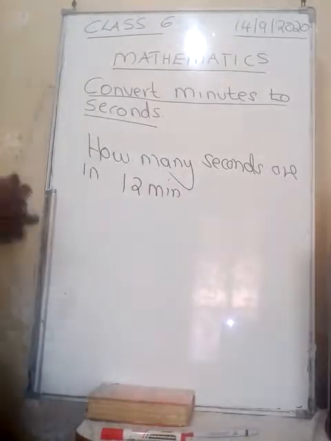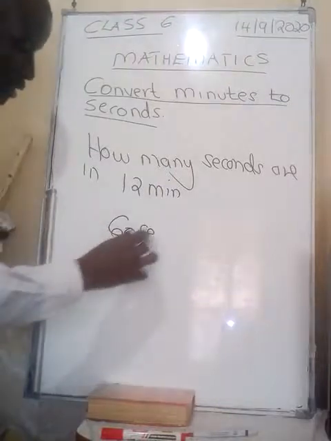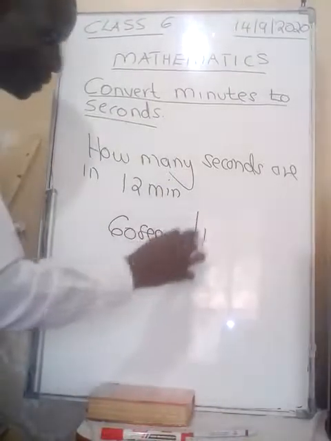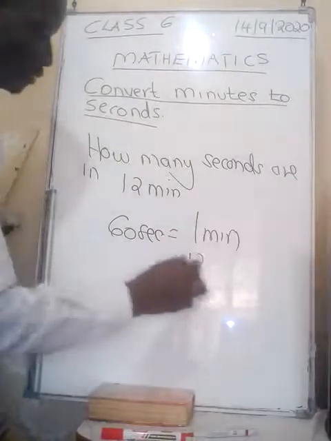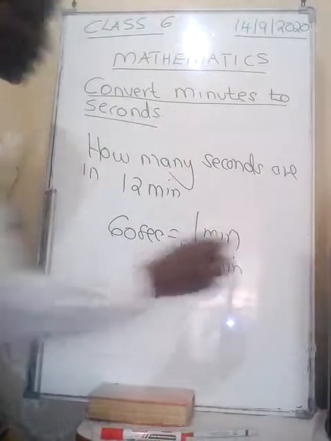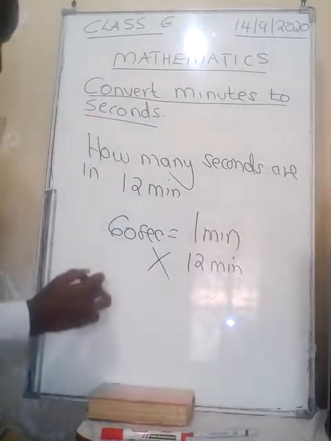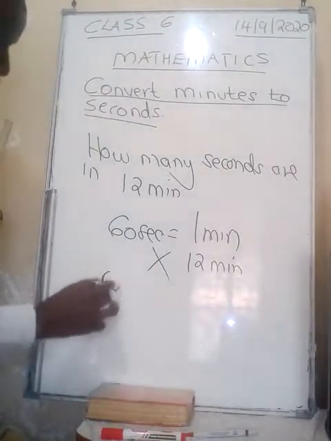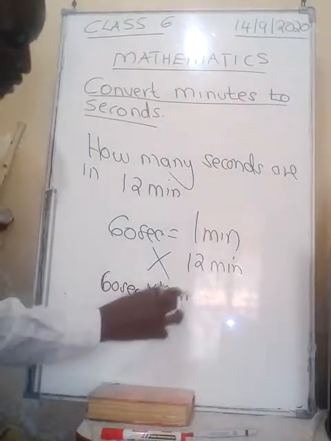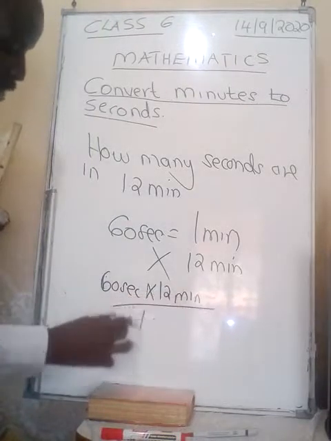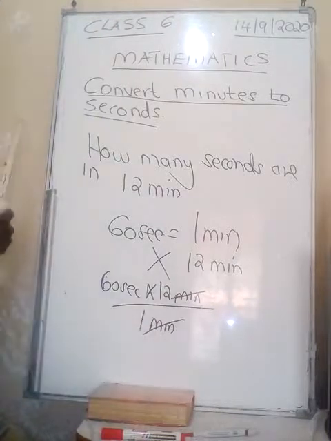So we take 60 seconds is equal to 1 minute. What about 12 minutes? We cross multiply, so it will be 60 seconds multiplied by 12 minutes, divided by 1 minute. Minute and minute will cancel.